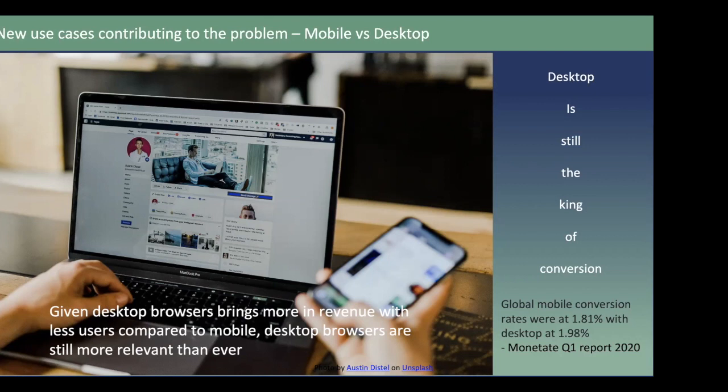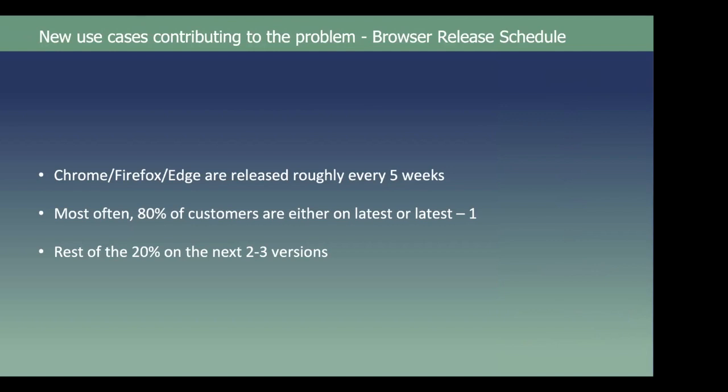So you still have to test on mobile web and native apps and other things, but at the same time you still have to increase your coverage on your desktop browsers and different versions. The message is, you can't relax on your desktop browser test automation. You have to increase it. This also supports the argument that Chrome, Firefox, and Edge are releasing roughly every 5 weeks.